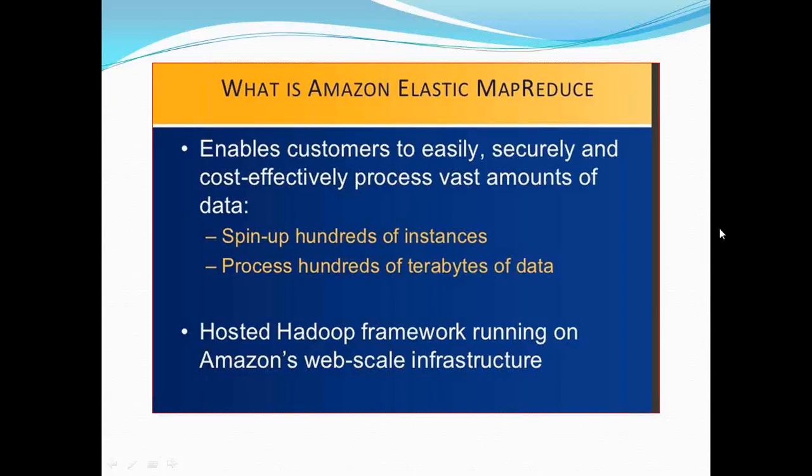So you don't have to go through the hassle of individually configuring each and every server, installing Hadoop on each of the member cluster. All those low level things will not be a hurdle when you use this cloud offering from Amazon.